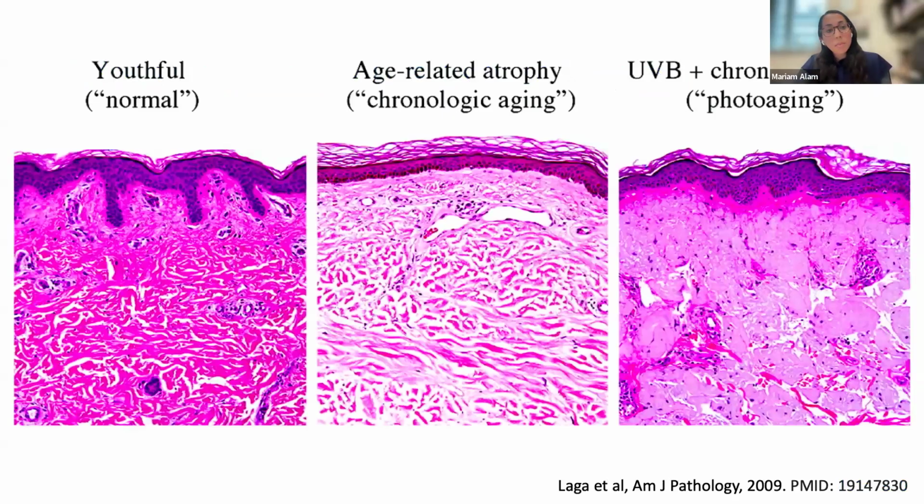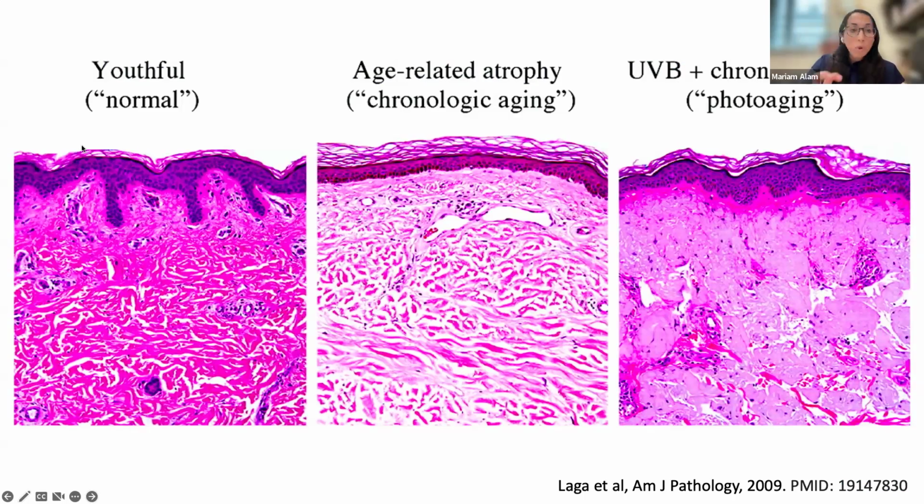This is an example of skin biopsies in a younger patient, in a patient who has just been aging, and then the last one is a picture of a punch biopsy of someone who has been aging and has had sun exposure. You'll notice that in the second slide, this is a really good example of epidermal atrophy.